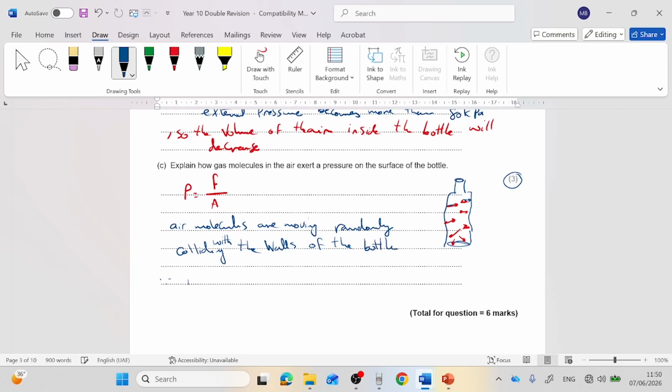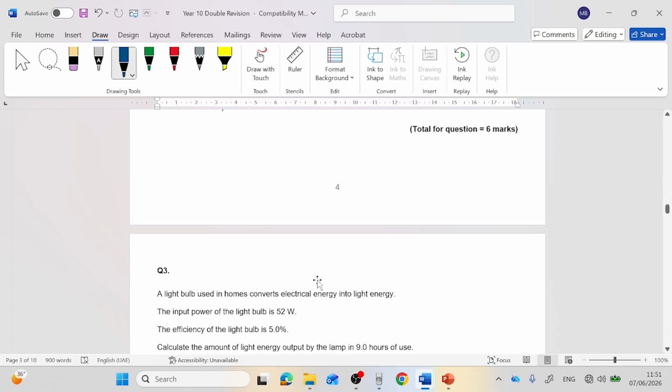And since pressure is equal to the force which acts perpendicular on a unit area, they create pressure. So this is the answer of this question.